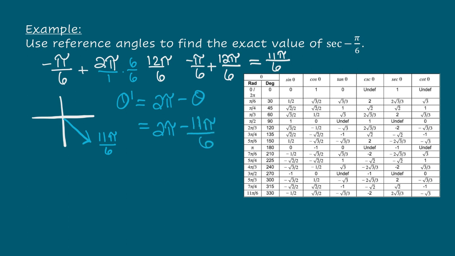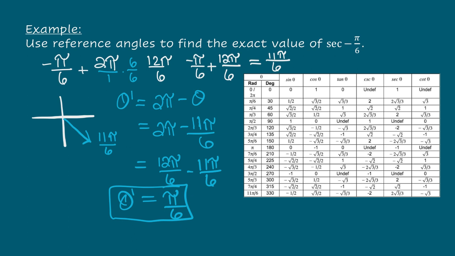I need that common denominator, so I get 12 pi over 6 minus 11 pi over 6, which gives me pi over 6. All right, my reference angle then is pi over 6.